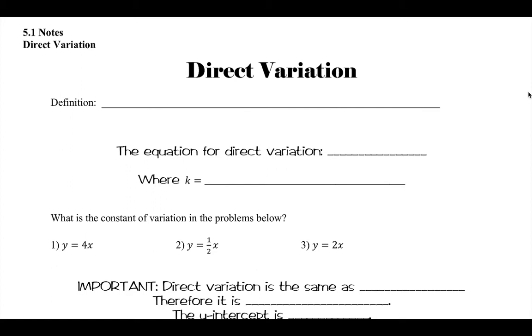So direct variation. Direct variation is a special type of linear relationship.